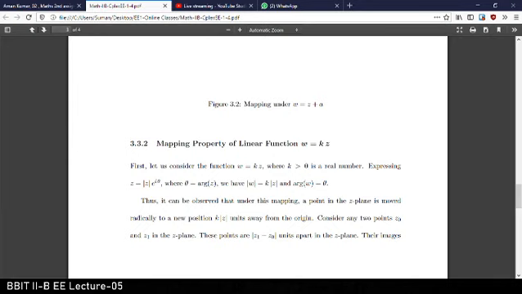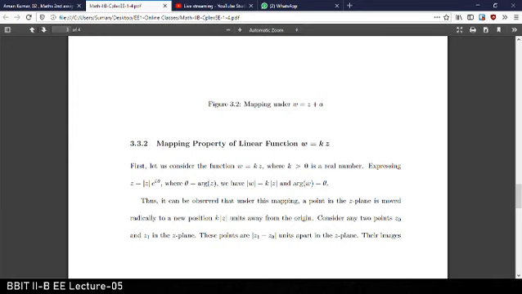Now the coordinate of P dash is z plus a. That means what is happening? The point has been shifted by an amount, modulus a, in the direction of OA, where OA means the complex number small a whose coordinates are a1, a2.